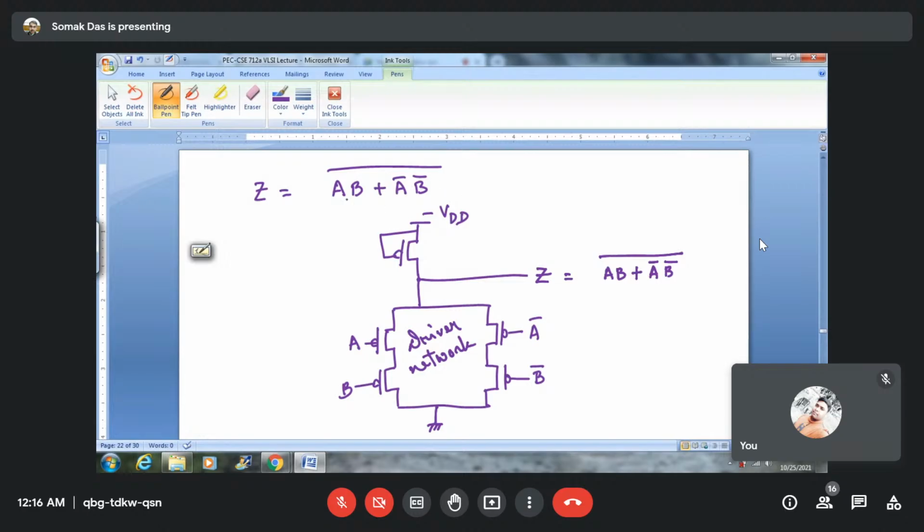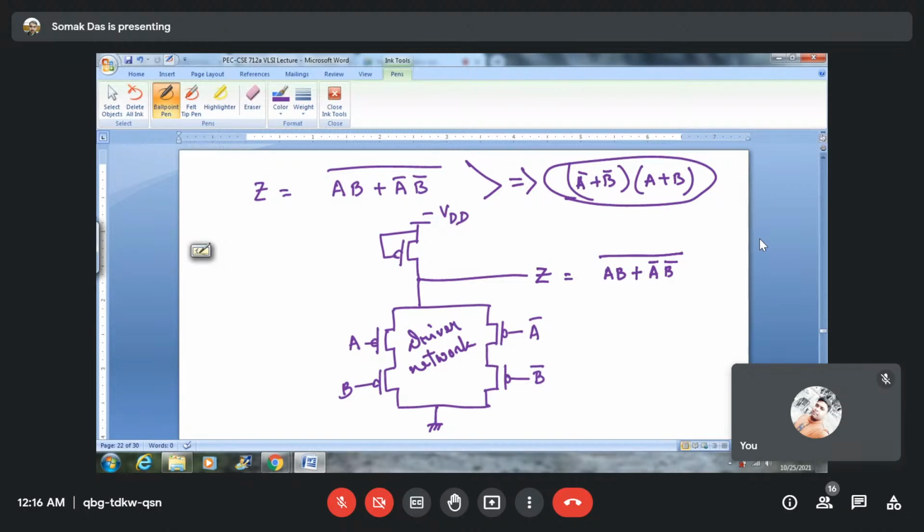Now, if you can simplify this Z, if you want to get a simplified form, you will get A bar plus B bar into A plus B. So if you use De Morgan's theorem and break this expression in a simplified form, it will be like this.